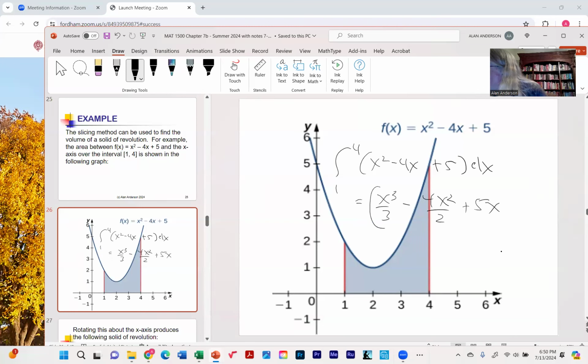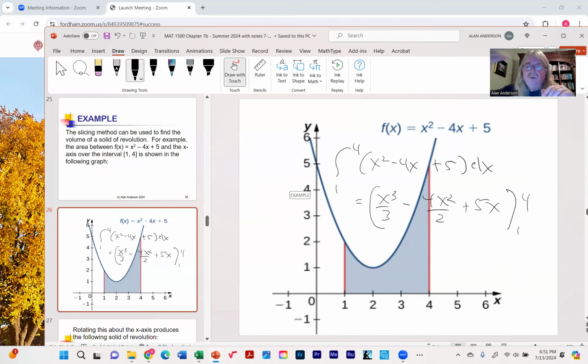And I would integrate it from 1 to 4. Well, anyway, you would end up with some constant result, and you'd be done.